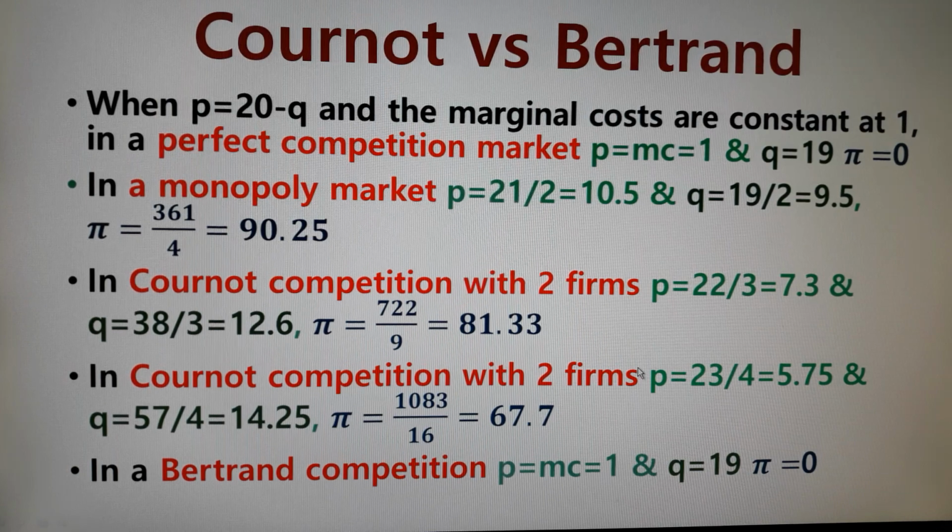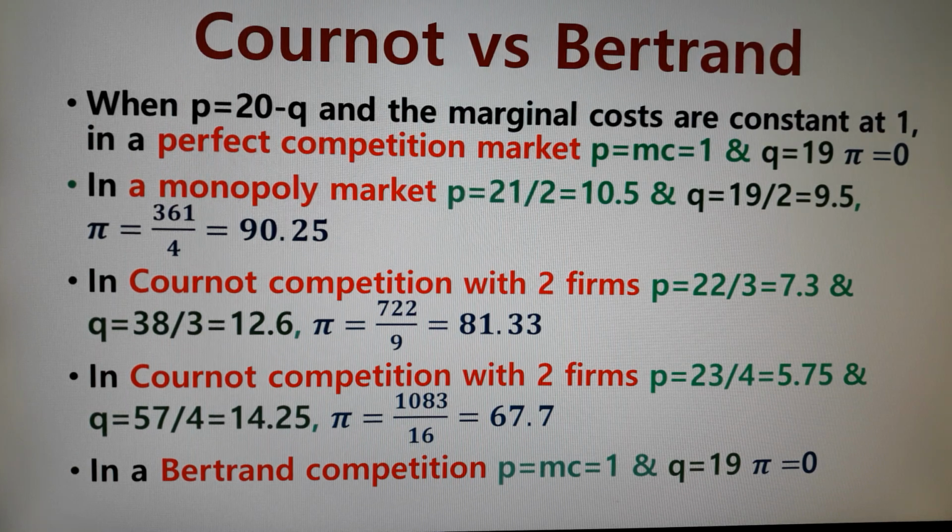So this Cournot competition is quite intuitive. As the number of firms increases, competition gets more fierce. As a result, the price would drop, the quantity would increase, and the company's profit would decrease. So this is characteristic of Cournot competition.